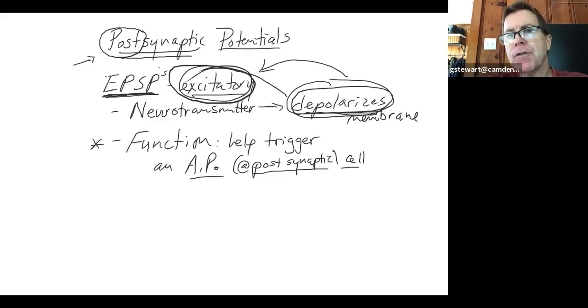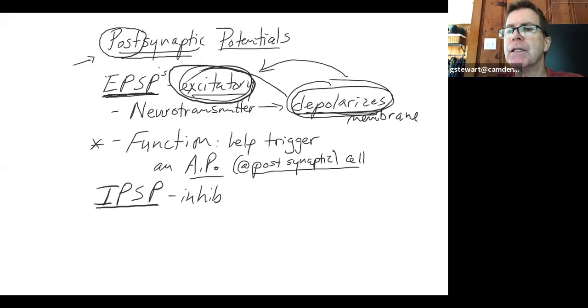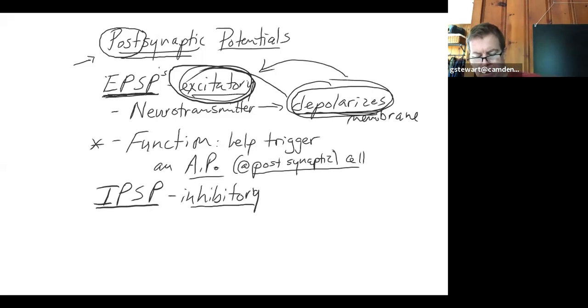Now that's in contrast to an IPSP, which is inhibitory. Sometimes the release of a neurotransmitter onto a postsynaptic cell, onto another cell, is not excitatory, it can be inhibitory. And here's the Reader's Digest version of this.